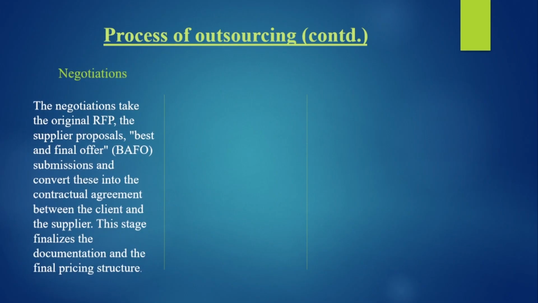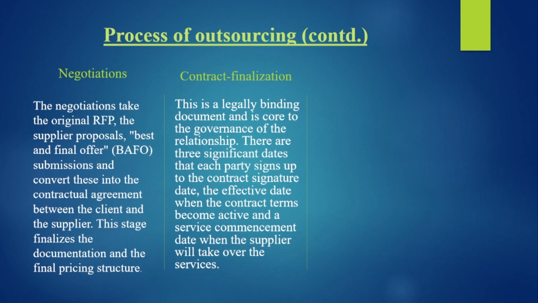Process of outsourcing. Another component: negotiations. The negotiations take the original RFP, the supplier proposal, based on the best and final offer, which is called BAFO submission, and convert this into the contractual agreement between the client and the supplier. These stages finalize the documentation and the final pricing structure. Contract finalization.